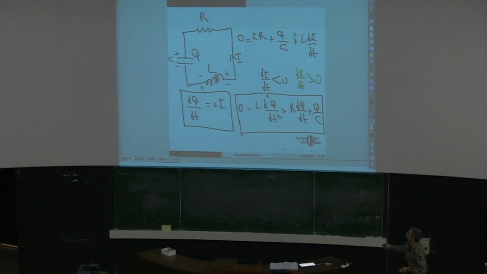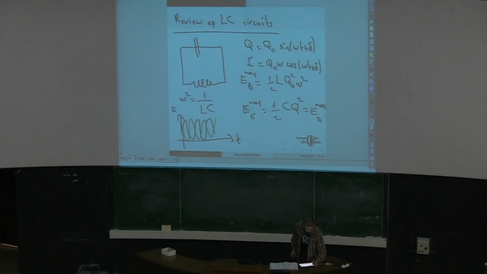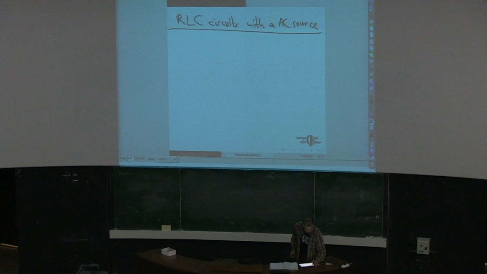You probably don't use this circuit. But you do use the other RLC circuits with a power supply, an AC source. Do you know any example of this one? Where do you use this in everyday life? Where at home?